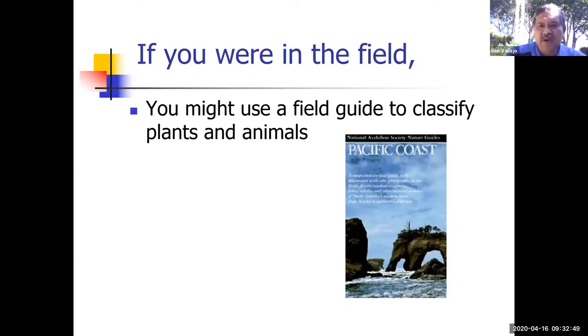So it is a well-worn book, but inside that book you have great color photographs of all kinds of different trees that you would find along the Pacific coast, or tide pool organisms, and you can compare what you see to the photographs and then figure out their names. But like I said, I've dropped this into the ocean a few times.